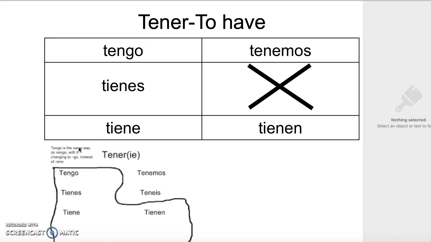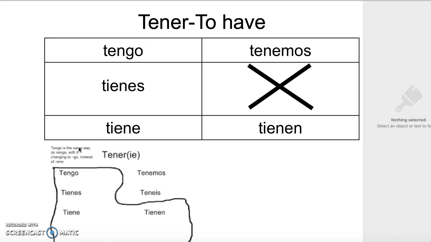I have that X in that box because that's the vosotros form. And I typically only use vosotros in Spain, or any old Spanish documents will have it. So will you hear tenéis? Perhaps, yes, but not normally. But that's the conjugation for the X, so it's one less verb I have to, in a sense, memorize.